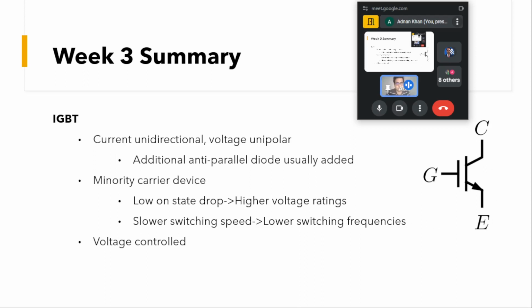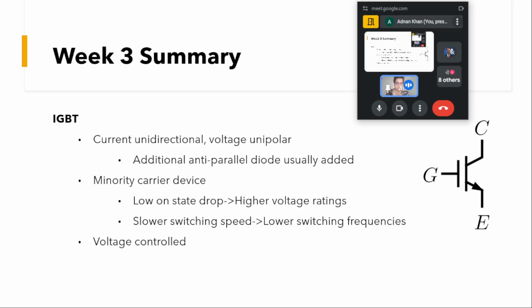Also, another difference from the MOSFET is that the IGBT, as you would have seen through this week, is a minority carrier device, whereas the MOSFET was a majority carrier device.